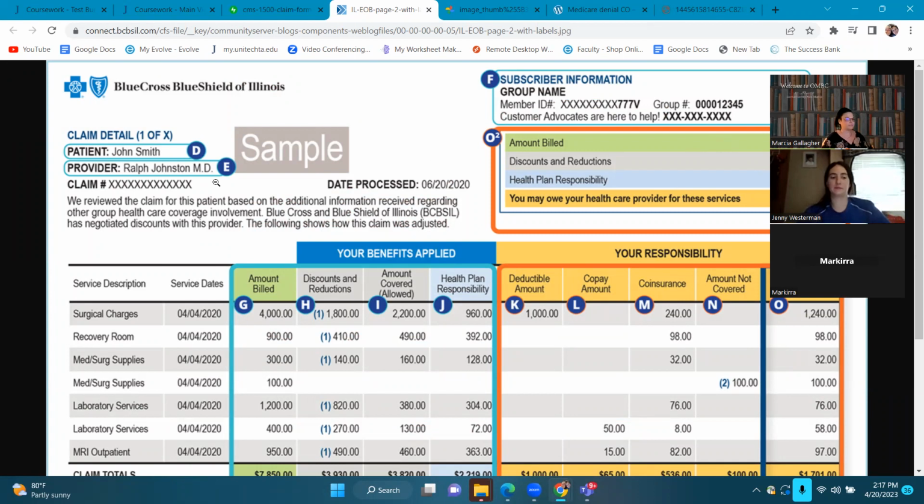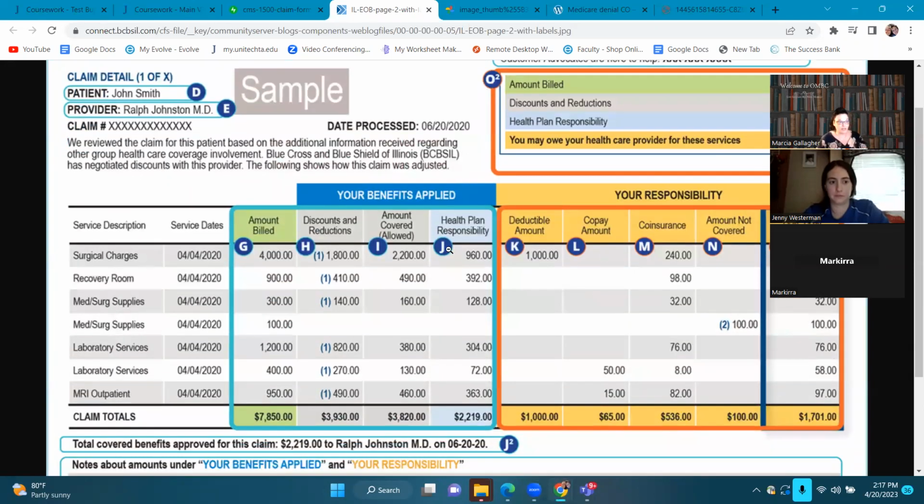I've talked about EOBs a little bit, but I just wanted to pull up a sample again, and we talked about deductible, co-insurance, all of that last week. So let's talk about this again.